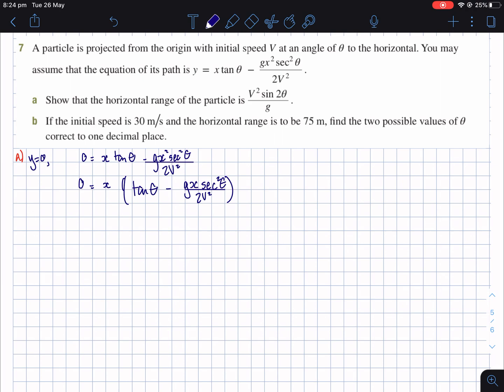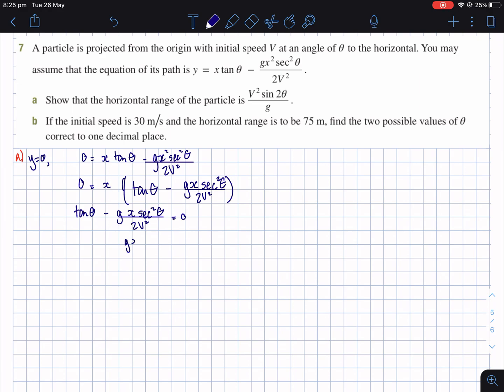So either x equals 0 or tan theta take gx times sec squared theta over 2v squared is 0. Rolls off the tongue. So tan theta, I mean obviously x is 0 at the start. We're after the other answer. Minus gx sec squared theta over 2v squared equals 0.